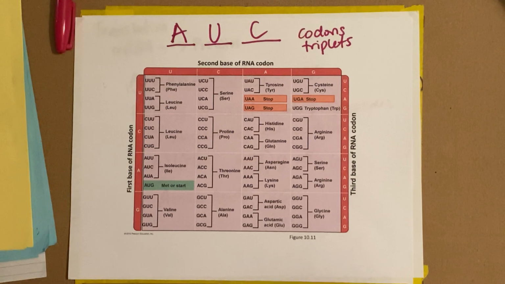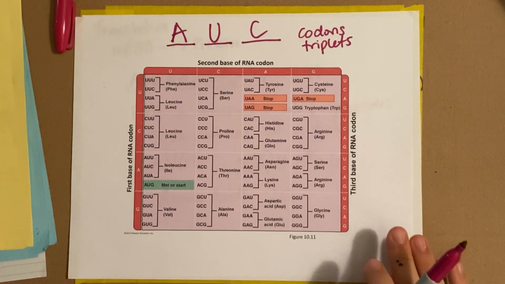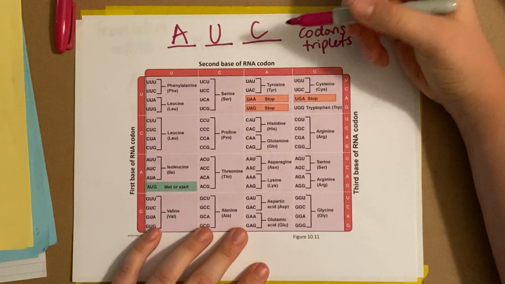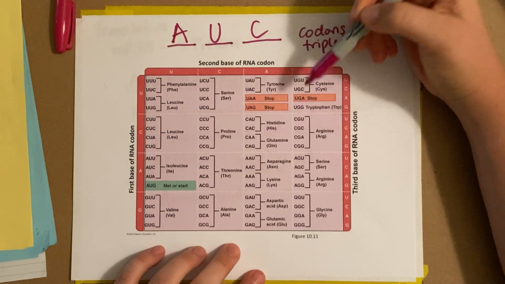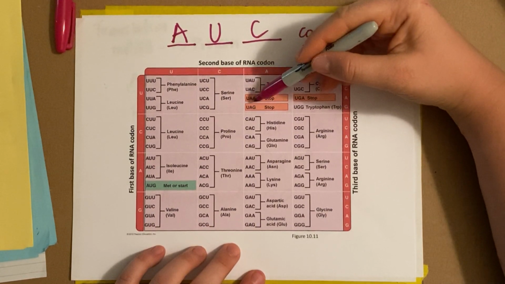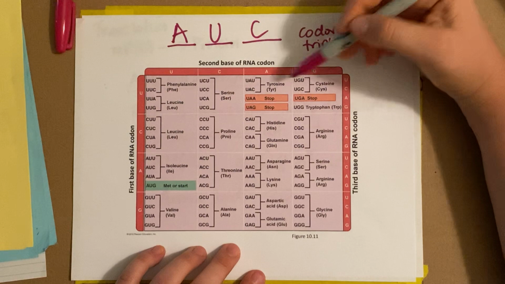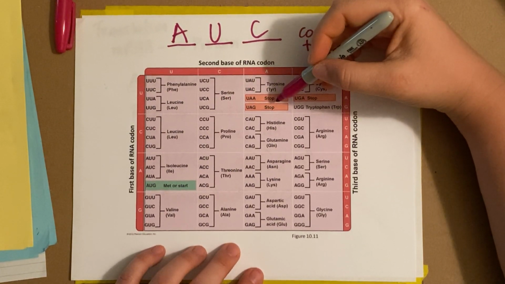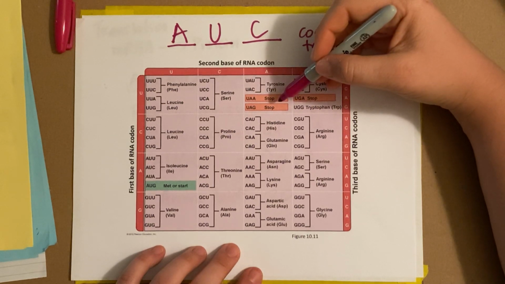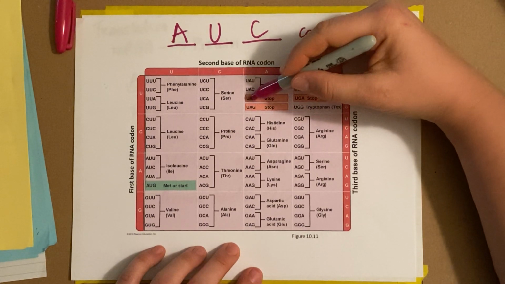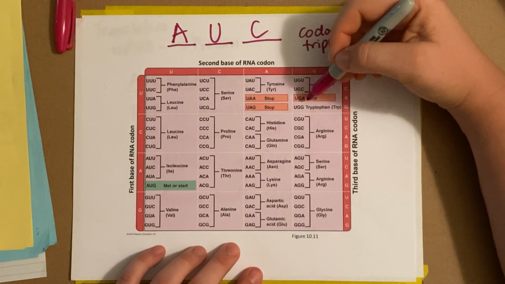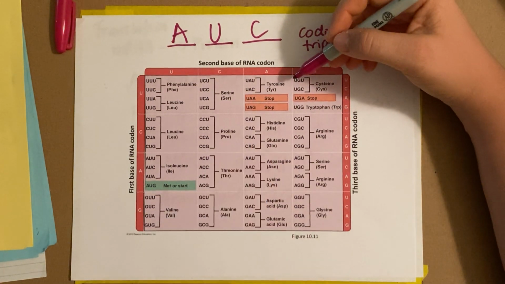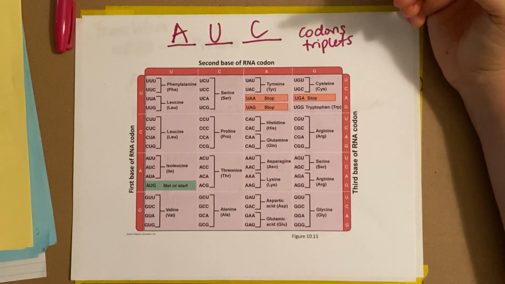You're also going to recognize there are a couple of things that are not what we consider amino acids. There are 3 codons, UAA, UAG, and UGA, that represent stop codons. These are not amino acids. When you are translating and you come into contact with a UAA, UAG, or UGA, it means stop here, no more amino acids are going to be added.